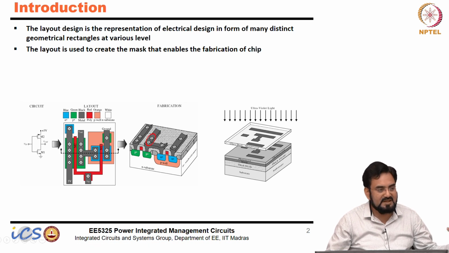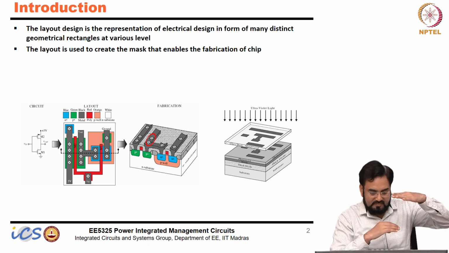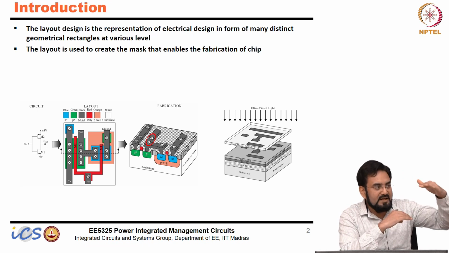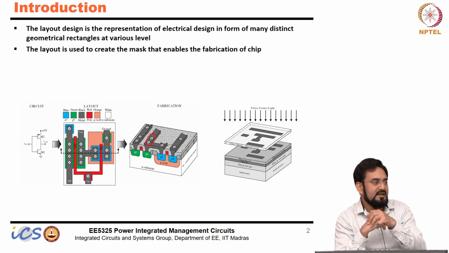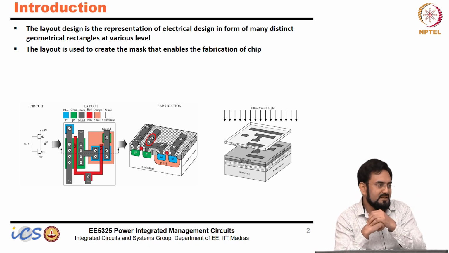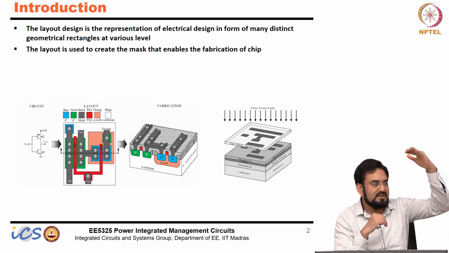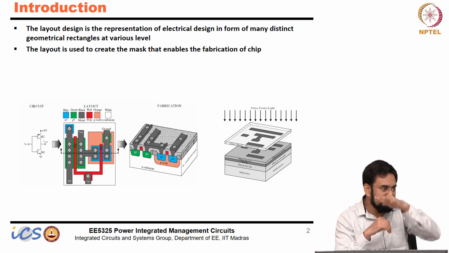Contacts are nothing but again metal. Since you are connecting one layer with another layer, you can think of it like connecting diffusion with the metal, so you need to create some contact. Similarly, when you are connecting one metal to another metal, you are stacking up, and in between you have oxide.